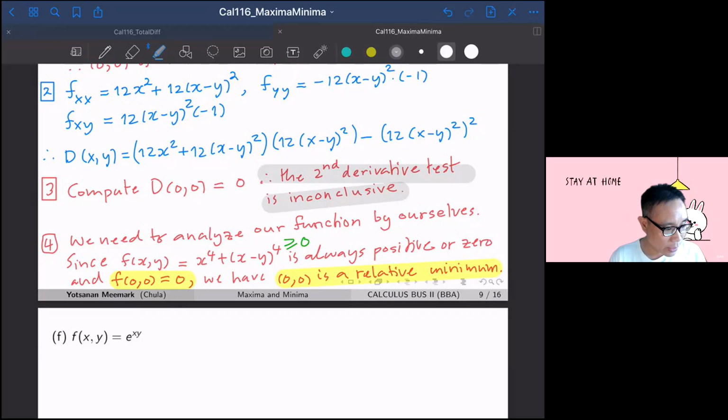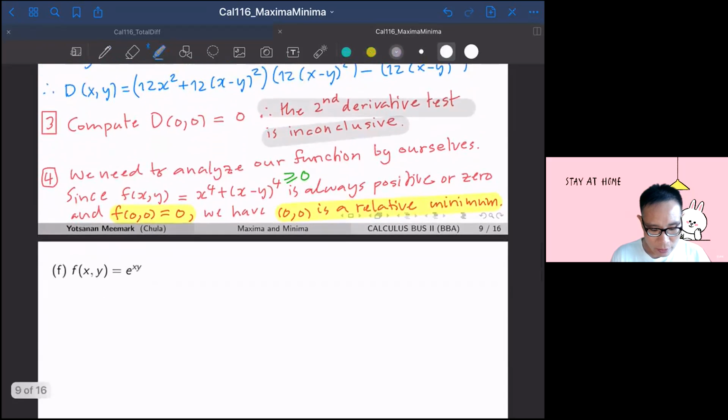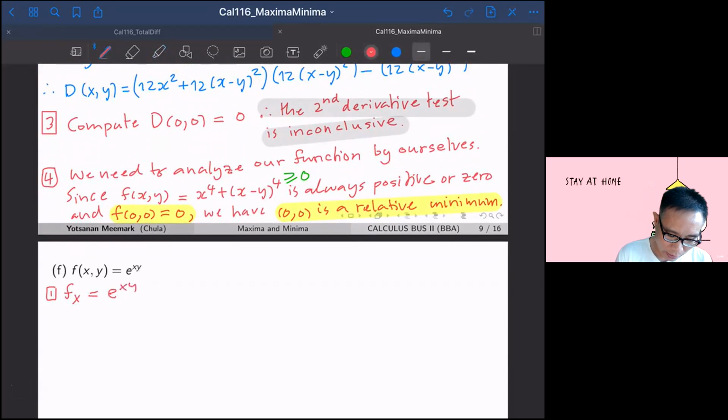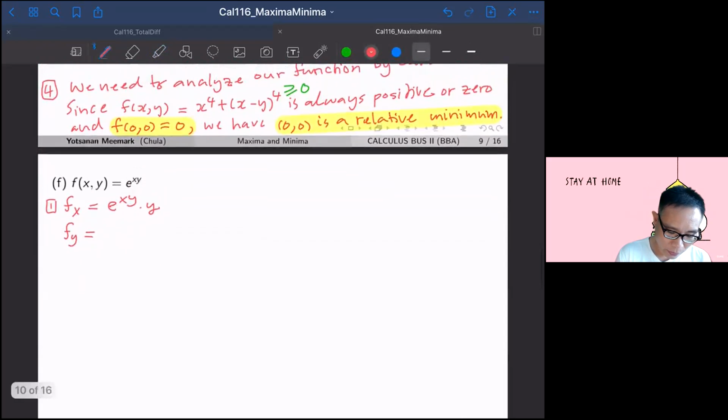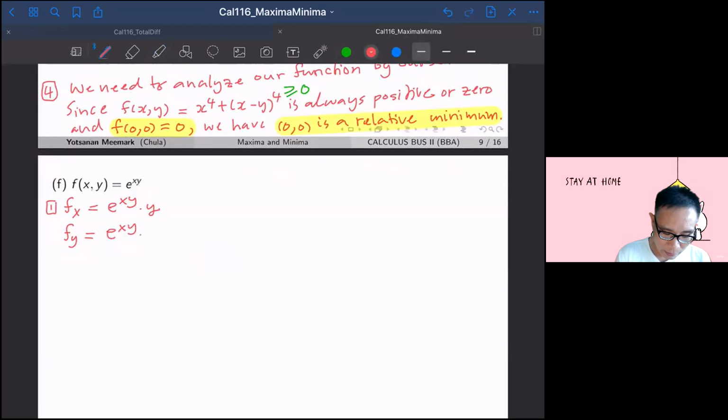The next one is f(x,y) equal to e to the xy. The first step is to find the critical points. So you compute fx: it is e to the xy times y, and fy turns out to be e to the xy times x, and both equal 0.